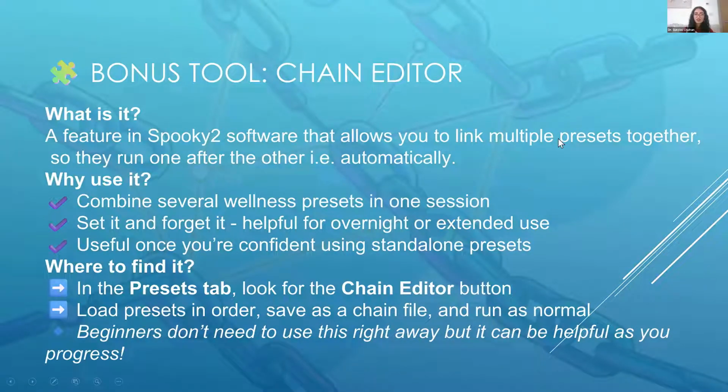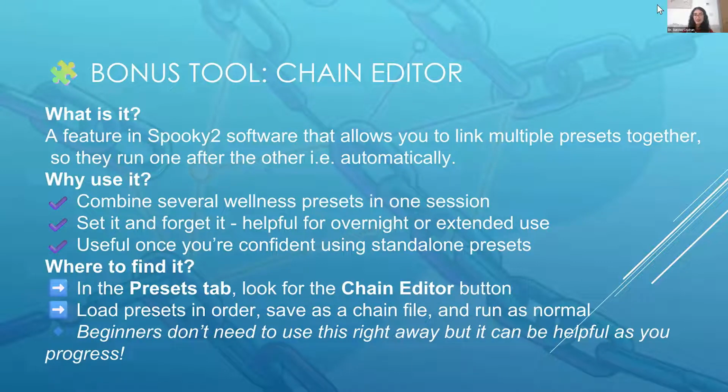Now, the chain editor, which I touched on briefly, could be quite useful when you want to run many presets in a row. For example, we talked about the DH experimental presets. If you wanted to chain all of those together, you might be able to do it without the chain editor, because if the repeat is set to something like 1, it will just go from one to the other.